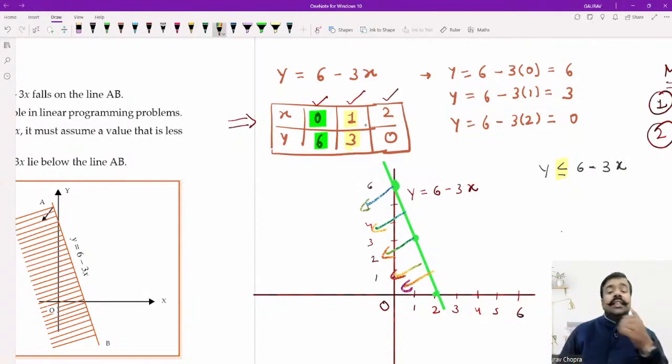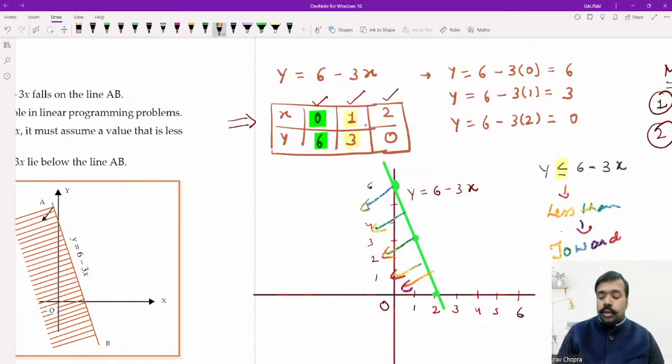Whenever there is a less than sign, we have to move towards the origin.